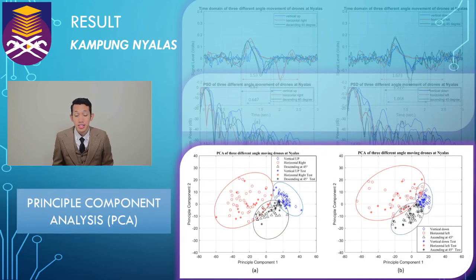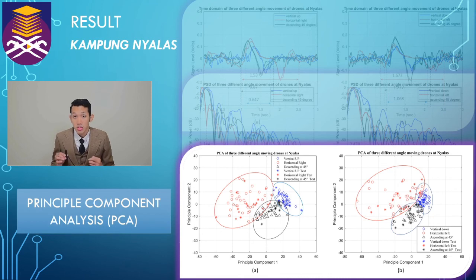Based on this PCA result, cluster red and cluster black overlap each other, and cluster black and cluster blue overlap. Meanwhile, in figure B, cluster red overlaps more with blue and black, which means more overlapping happens here.